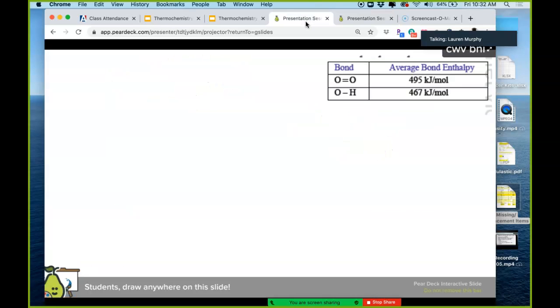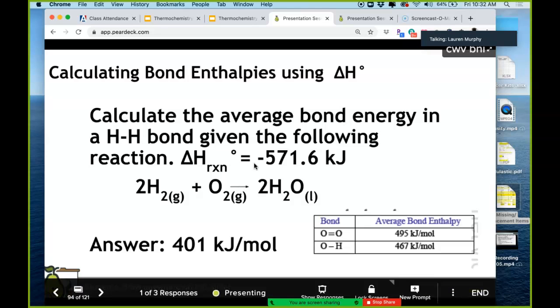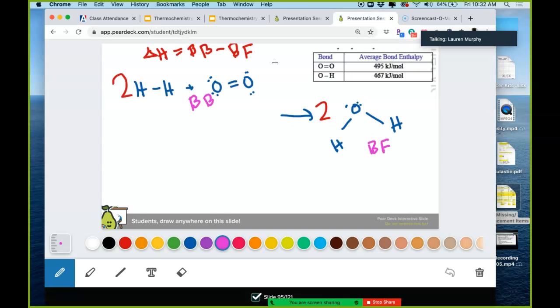Now they gave you delta H, so I'm going to go back. So negative 571.6. So we actually have that number. I'm going to do this up here because we're going to have to do some rearranging. Negative 571.6 equals, so bonds broken.